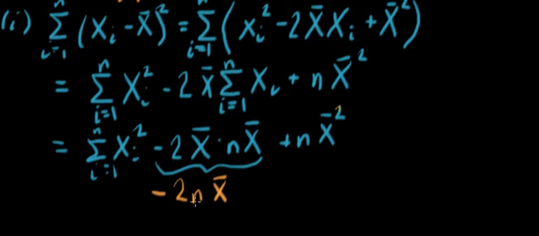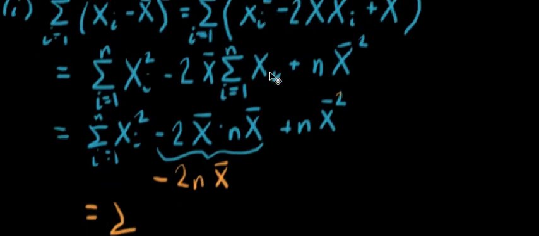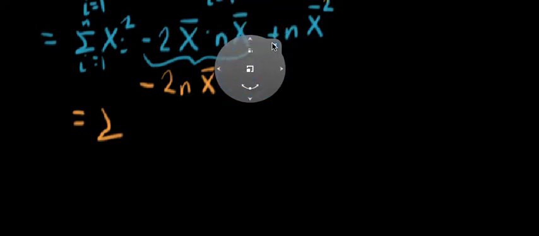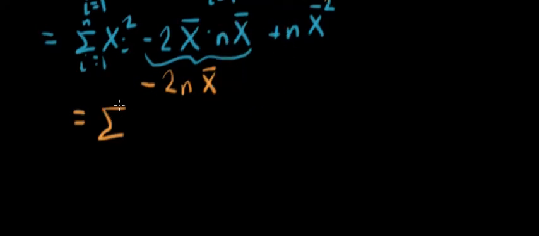So minus 2 n X bar squared plus n X bar squared is just going to be minus n X bar squared, so we end up with the summation of all of these squares Xi squared, that subtract n, oh, there was supposed to be a square there, subtract n X bar squared.